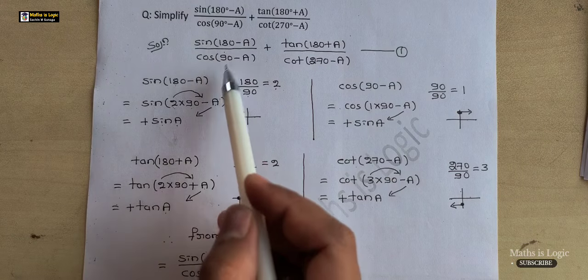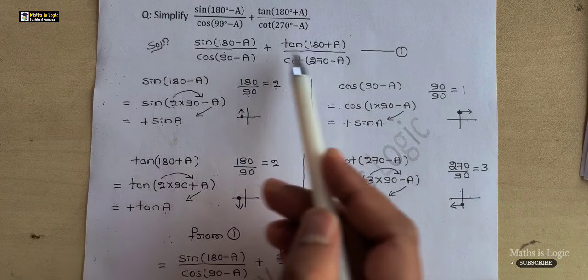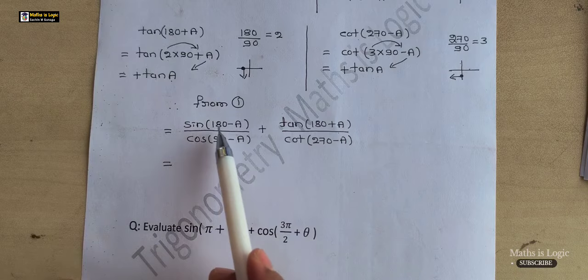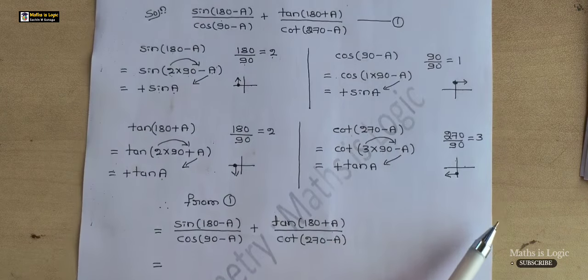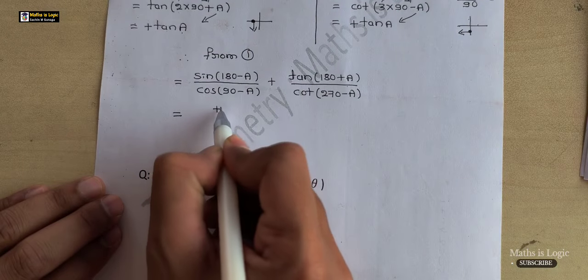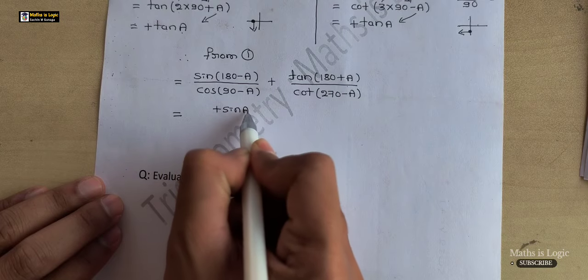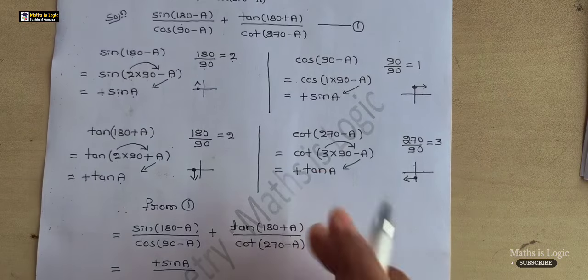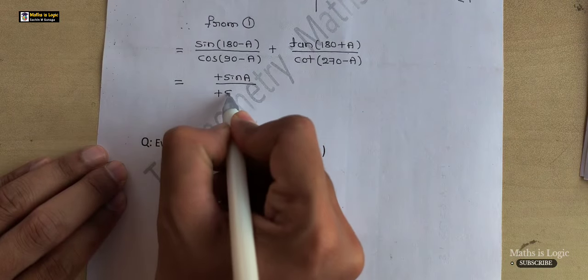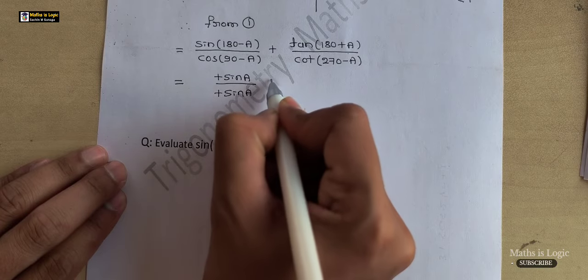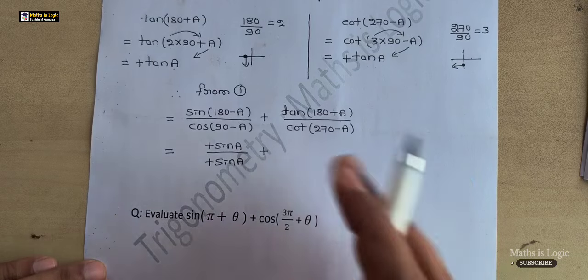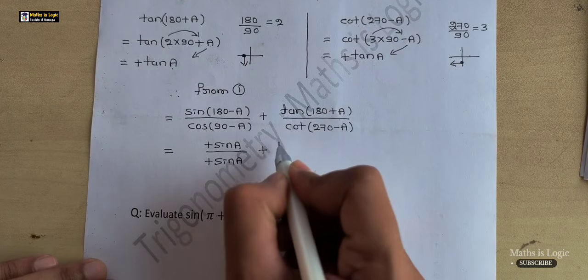Now after finding all four values, write this first equation from 1. Now substitute sine 180 minus a. Sine 180 minus a is plus sine a. So write plus sine a divided by cos 90 minus a, which is plus sine a. Again plus tan 180 plus a. Tan 180 plus a is plus tan a.